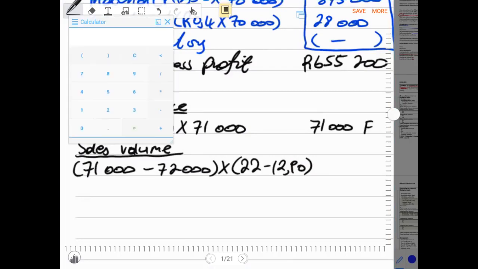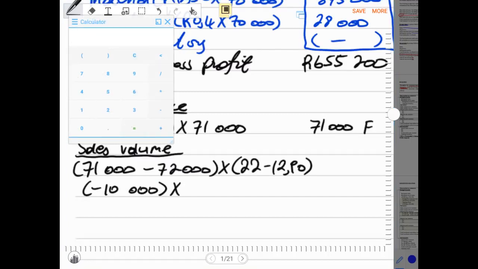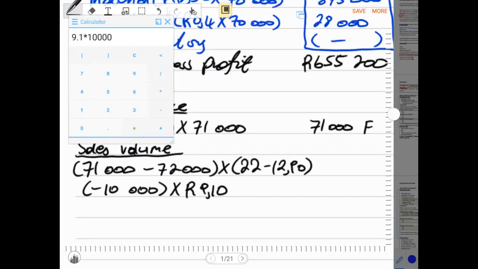So in this case we say 71,000 minus 72,000. Surely this variance will be unfavorable because we sold less than what we anticipated to sell. We times this by 22 minus 12 rand 90 cents. This gives us a contribution of 9 rand 10 cents.